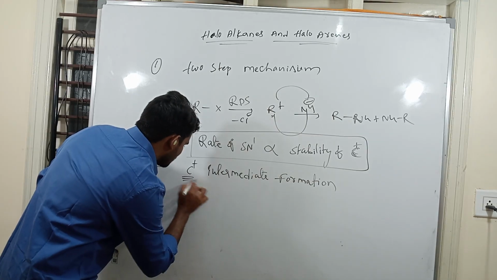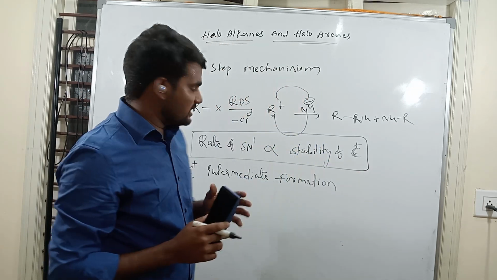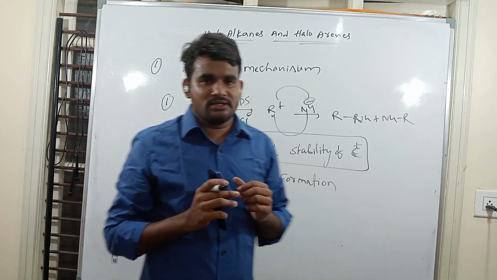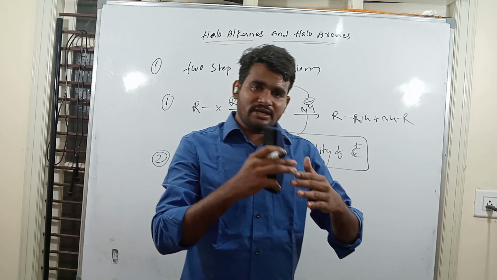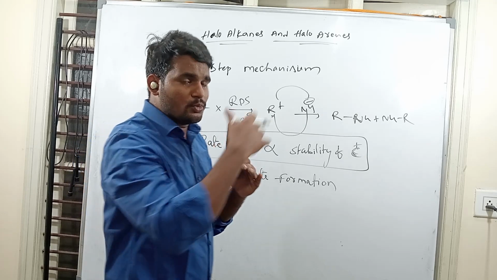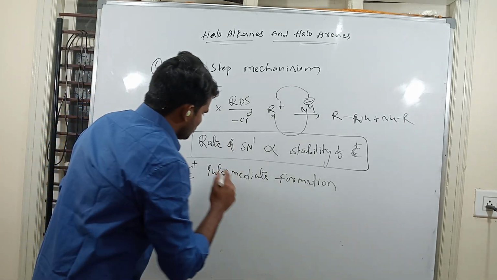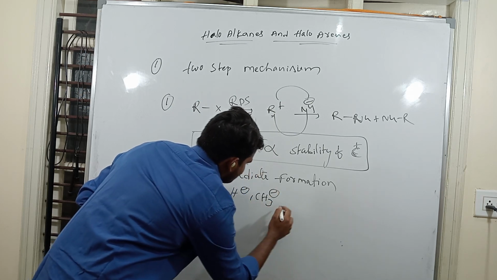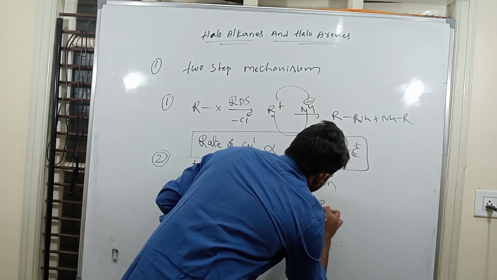That's why a less stable carbocation can convert into a more stable carbocation, like in the Wagner-Meerwein rearrangement. For example, a secondary carbocation can convert to a tertiary, allylic or benzylic carbocation, by hydrogen shift, methyl shift, or phenyl shift.